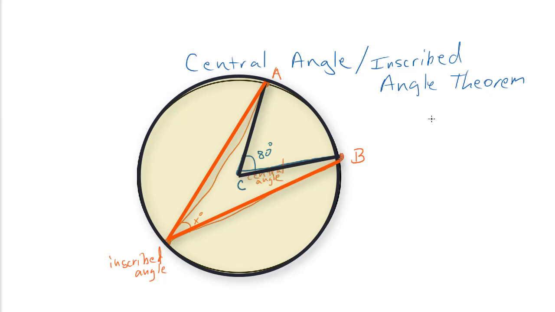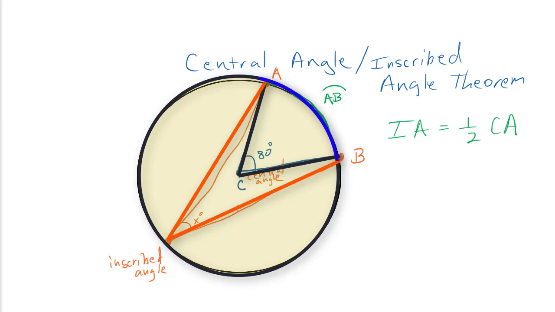The central angle theorem says if my inscribed angle and my central angle span the very same arc, which is along their circumference, that would be known as arc AB. If they span the same arc, then it must be true that my inscribed angle equals 1/2 my central angle.